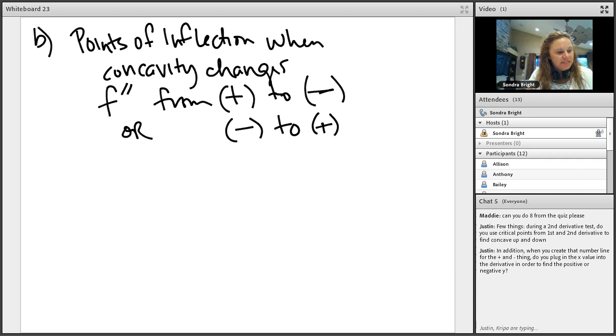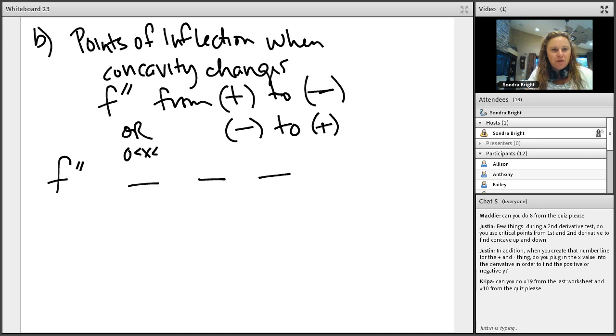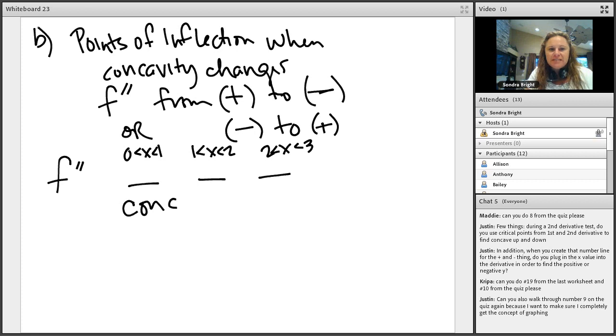So when I look at the table, it gives me second derivative for each of those intervals is negative and then negative and then negative, right, for each of the intervals. So this was from 0 to 1, and this was from 1 to 2, and then from 2 to 3, right? That means it's concave down over the whole interval, over the whole thing.